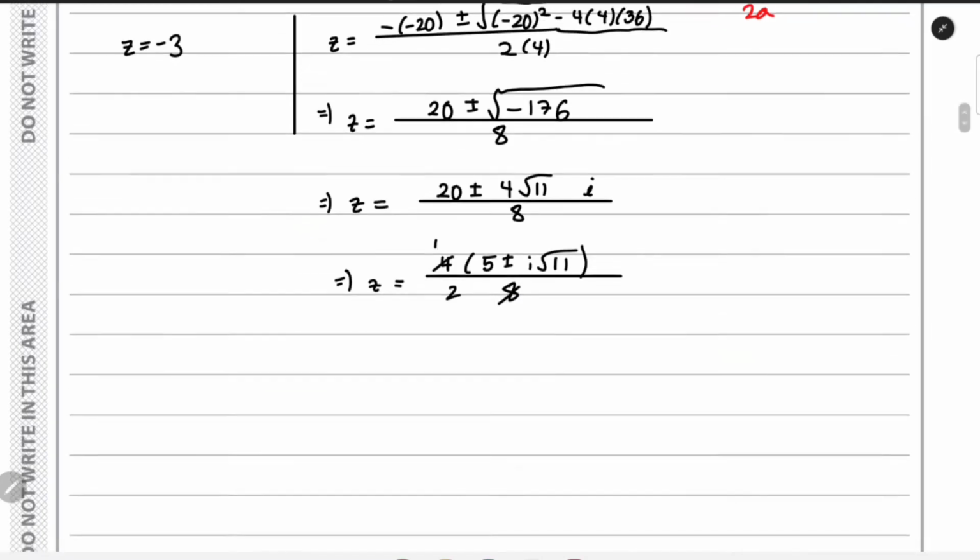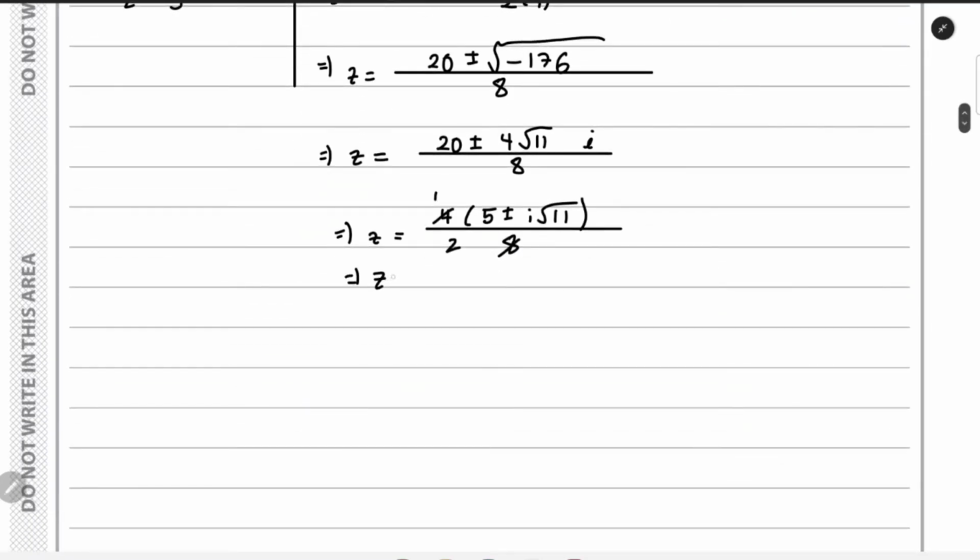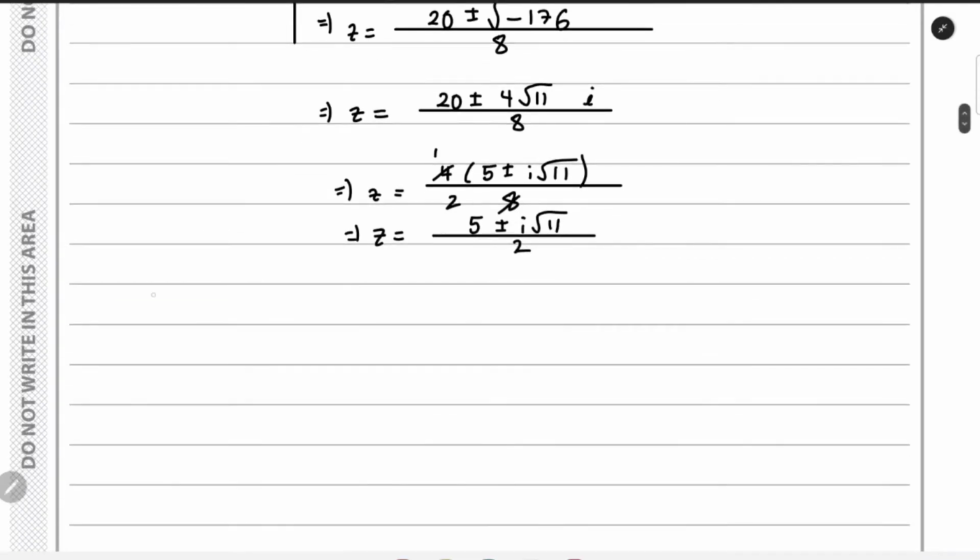I'll have half. So the other roots are 5 plus or minus i root 11 by 2. So the roots are z equals to minus 3, z equals to 5 plus i root 11 by 2, and z equals to 5 minus i root 11 by 2.